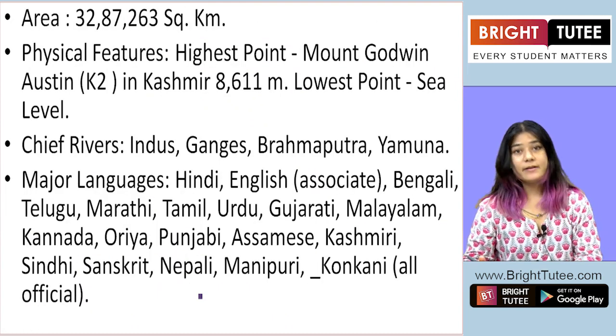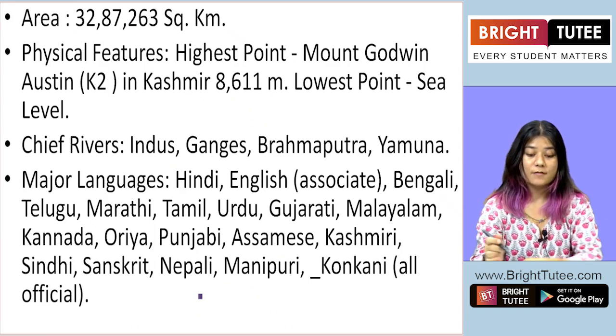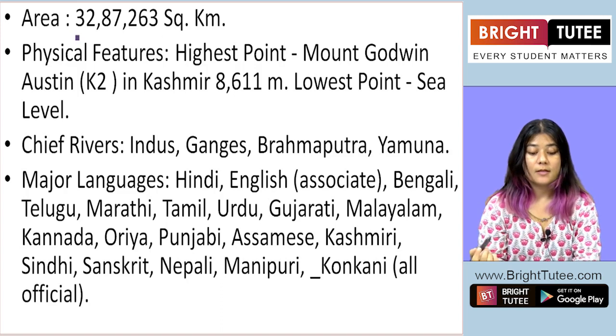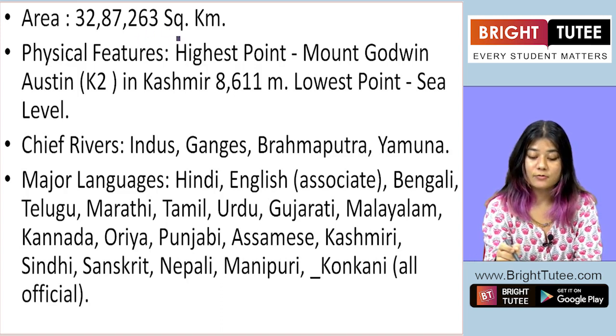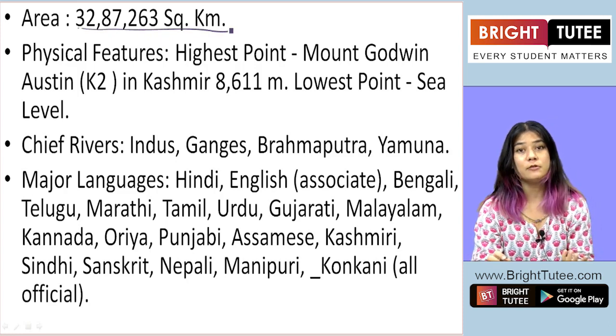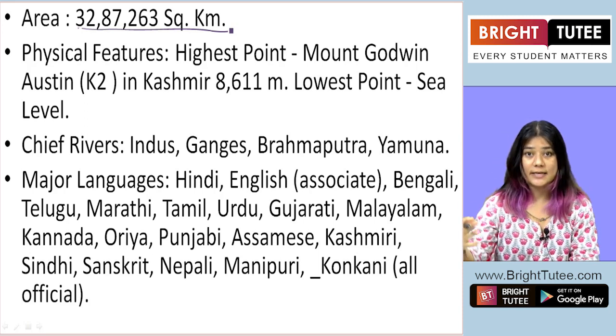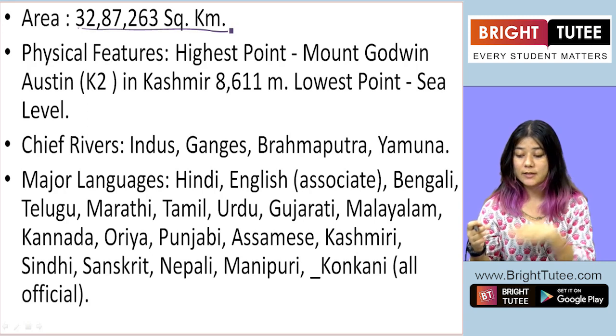Now, the total area that India covers is 32,87,263 square kilometers. Okay. Now, let's look at some of the physical features. Features which we can see, whether it's high, whether it's low.